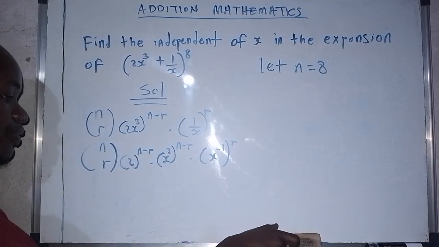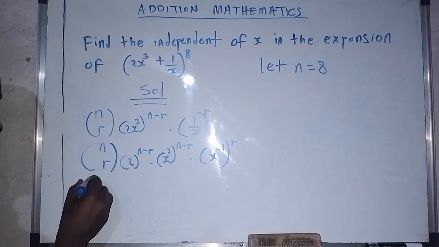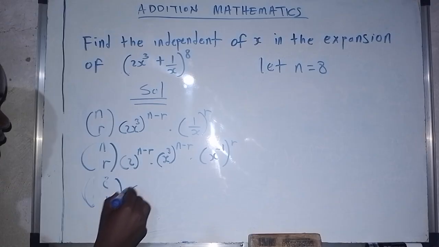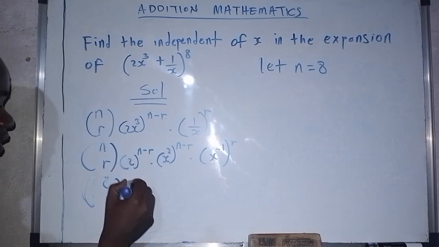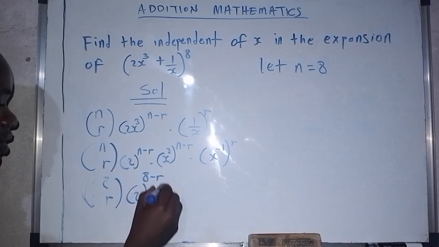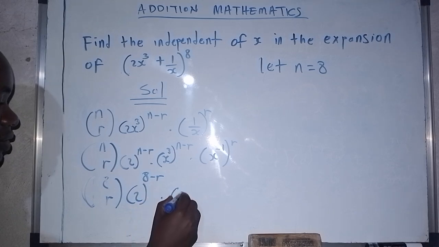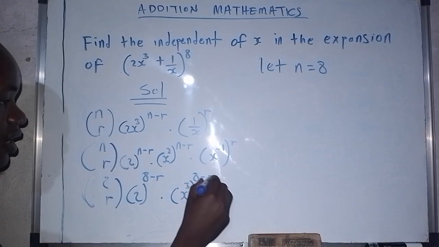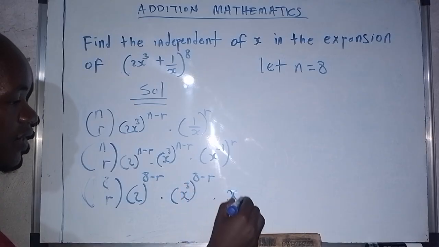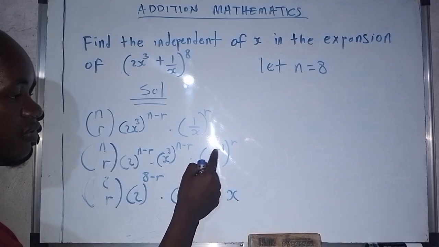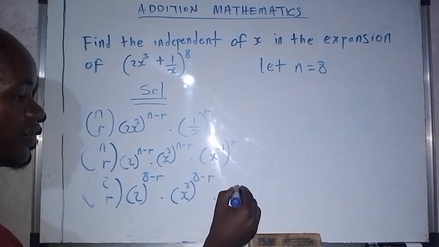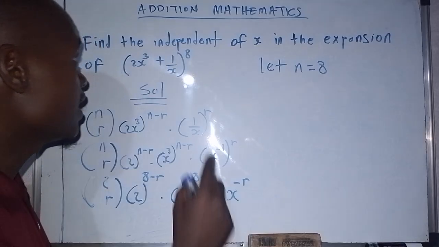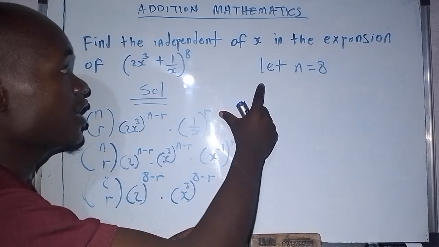So we have 8Cr, then 2^(8-r), times x^(3(8-r)), times x^(-1 times r), which is x^(-r). Now, the question says we should find the independent term of x.